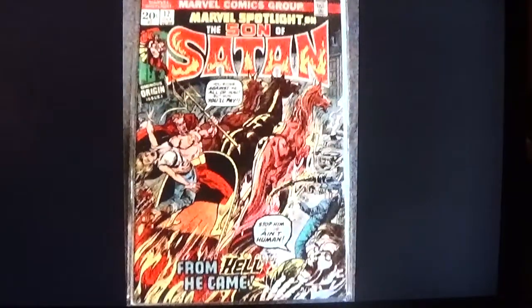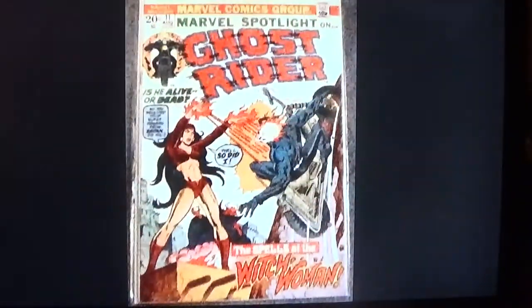He would write Ghost Rider issues 1 through 4, and then Doug Moench and Marv Wolfman would write issue 5 before Ghost Rider would go in a new direction.